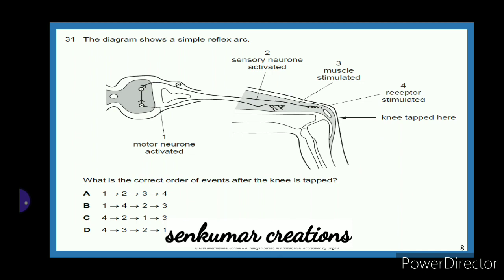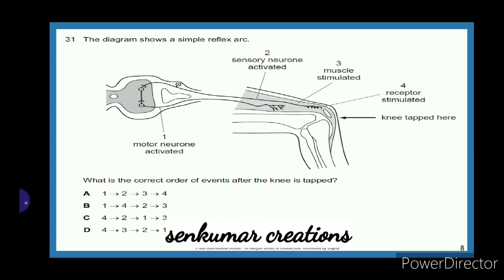So reflex action is given here again. The diagram shows a simple reflex arc. Sensory neuron activated, number 3; muscle stimulated, number 4; receptor stimulated, knee tapped here; and motor neuron activated. We have to see the correct order of events after the knee is tapped. Knee tapped means the knee is hit by something.